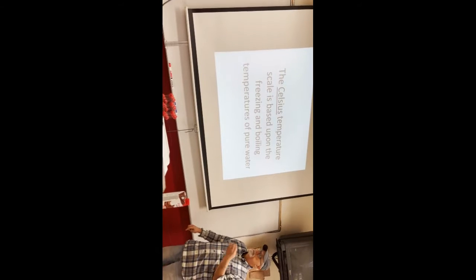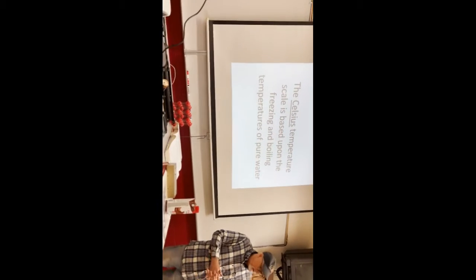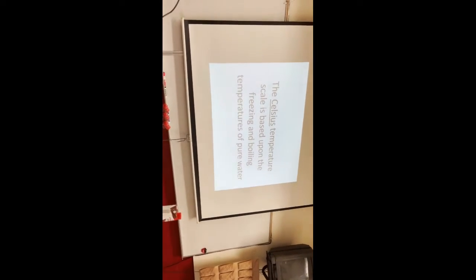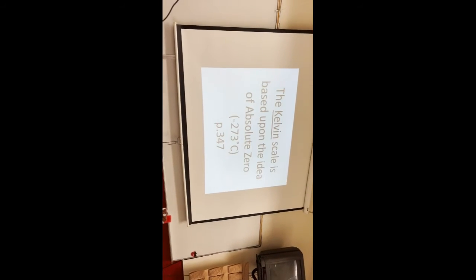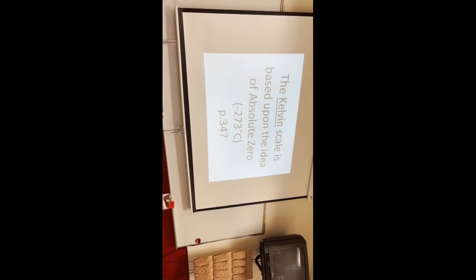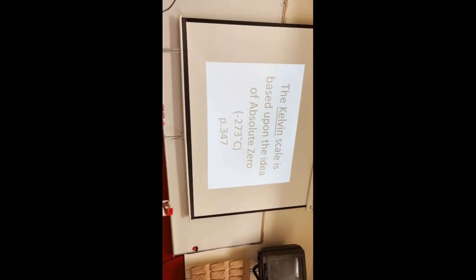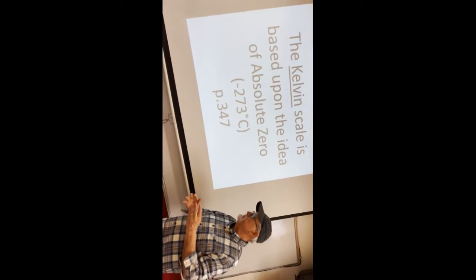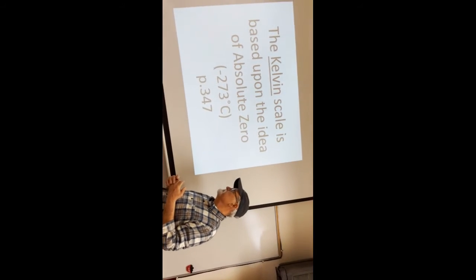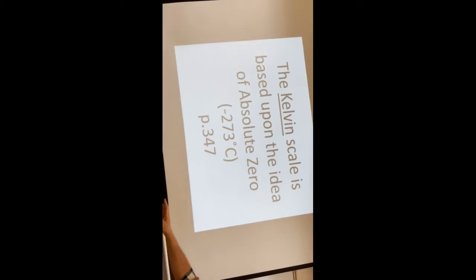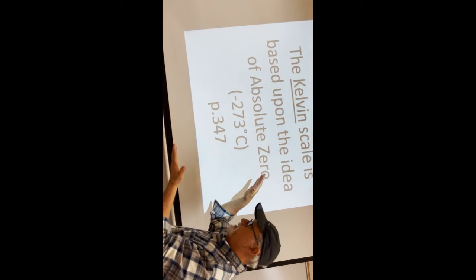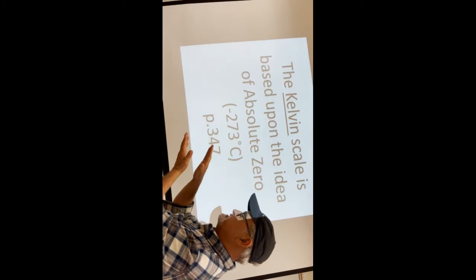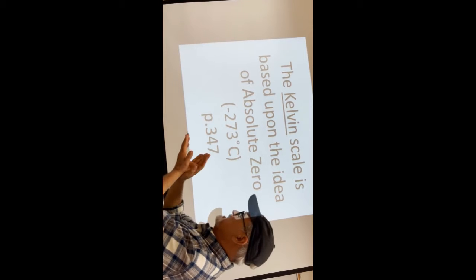Okay, and this Celsius temperature is based on the freezing and boiling temperatures of pure water. The Kelvin scale is based upon the idea of absolute zero. That was the diagram that we had with volume versus temperature, and how as the volume gets smaller and smaller, the temperature gets less and less.